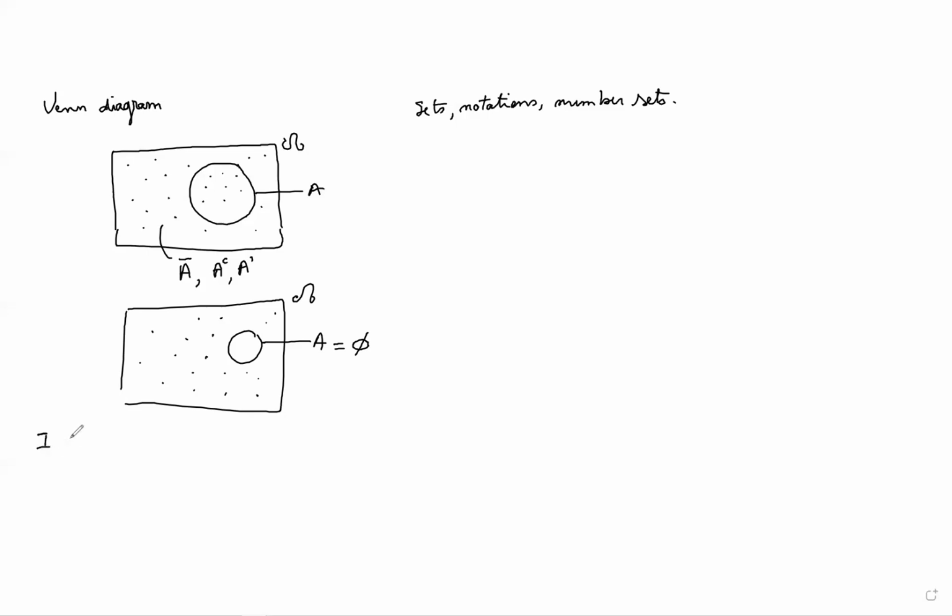We'll talk about inclusion. So this is a subset. It means I have my universe here. In my universe, I won't draw the elements anymore.